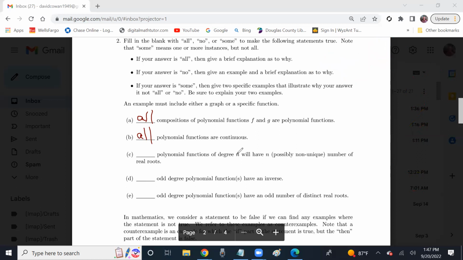Polynomial functions of degree n will have n number of real roots. True or false? I don't know. I'm confused about that one. Okay. Let's write a polynomial that has, hold on a second, lost my train of thought.